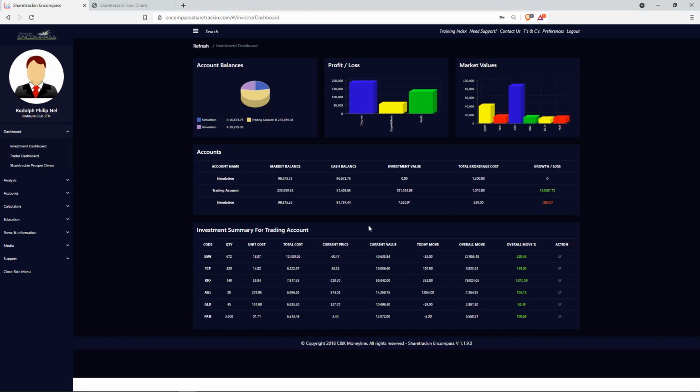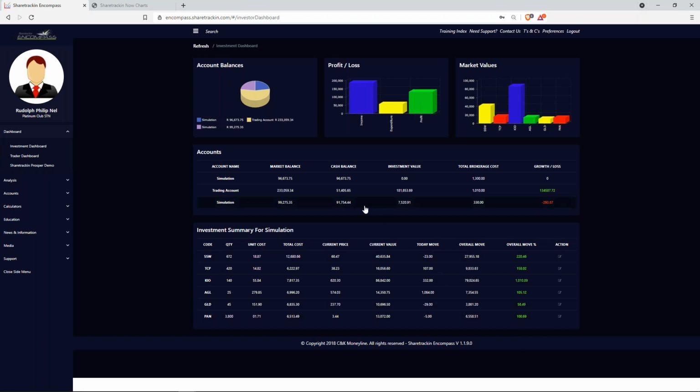All right, same with my total cost. My current value is higher than my total cost because I've already broken even. So anything past these would be profit. All right, so there's my overall movement, which is my profit. So all of this would be profit, and that's your percentage movement in profit.